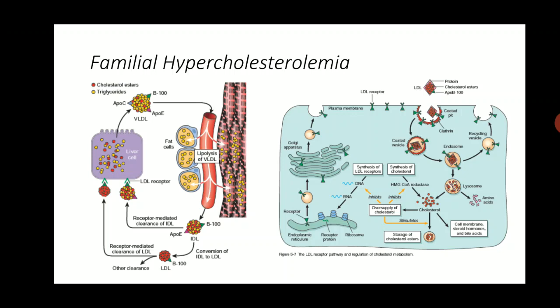This uptake is mediated by the LDL receptor. Both IDL and LDL are removed from the blood with the help of LDL receptor. So absence of LDL receptor can lead to increase in IDL and LDL in the blood.